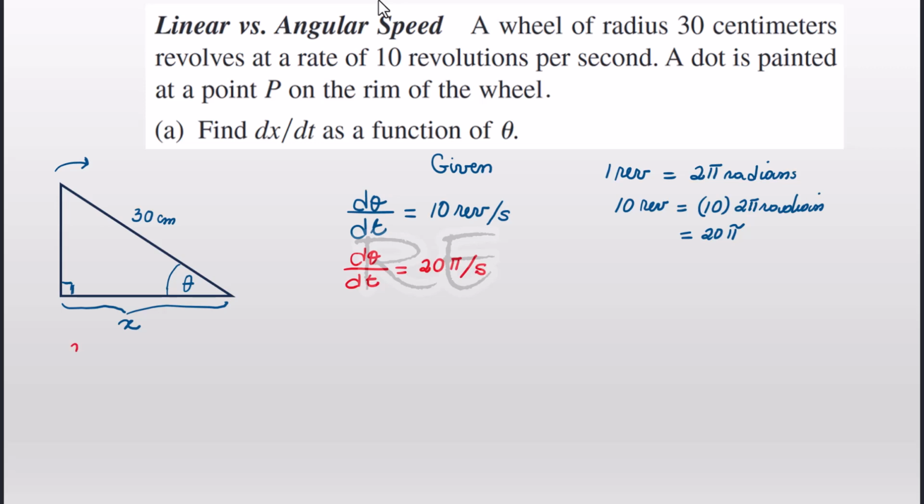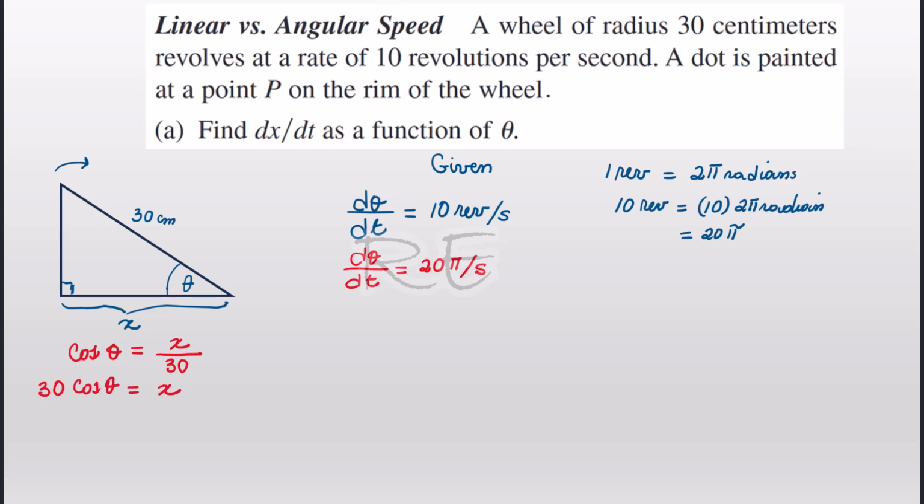Cosine is adjacent over hypotenuse. So cosine theta is x over 30. When we cross multiply, x is equal to 30 cosine theta.